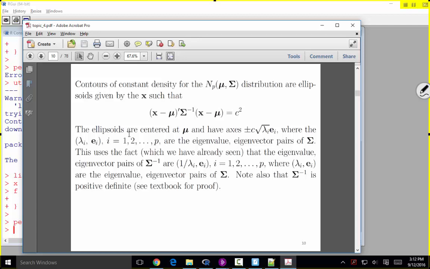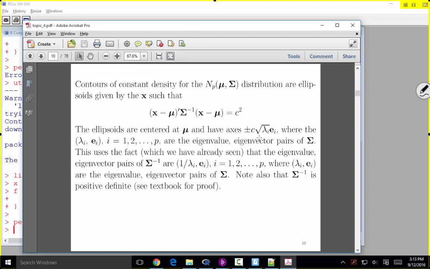Areas of constant statistical distance from mu live on an ellipse or an ellipsoid in higher than 2 dimensions. And this is a restatement of the result that we had in topic 2 about the nature of those points that are a constant statistical distance. If we wanted all the points that are constant statistical distance c squared from the mean vector, we have what we had in the previous topic.